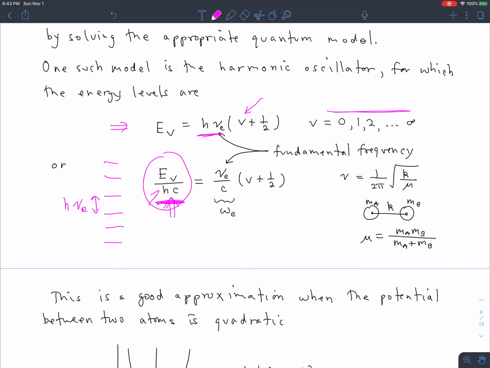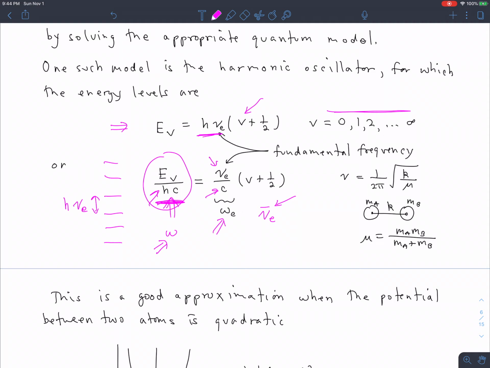And if you divide this side of the equation by hc, you get something called omega usually. Well, that's what the write-up calls it here anyway, and that's a circular frequency. But anyway, it's proportional to energy. That's all that really matters. And then over on this side, you get a frequency divided by the speed of light, c. And that's a wave number. It's usually written this way with a little bar over it. At least that's the way I've always seen it. But in this write-up, they use this omega sub e notation to indicate this same number.